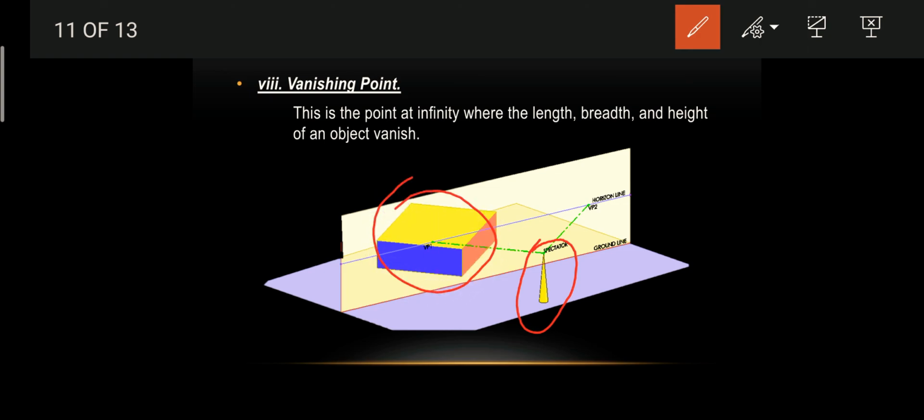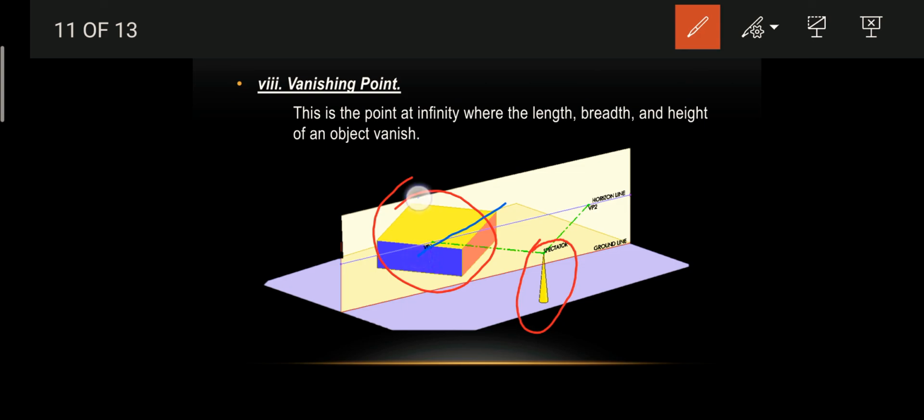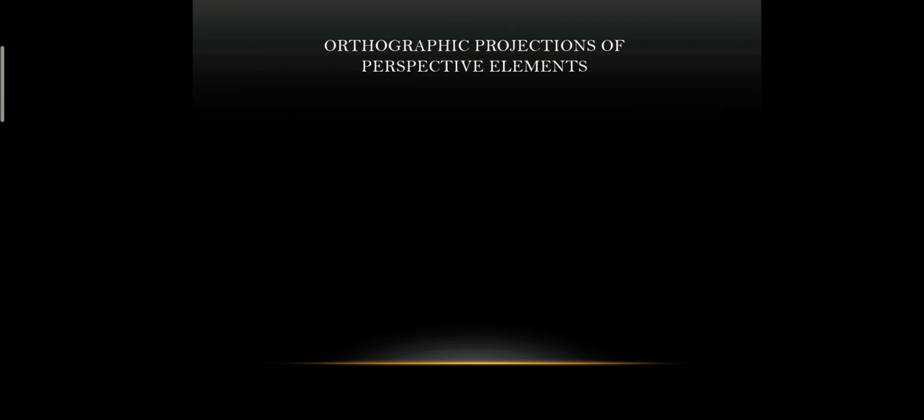All the dimensioning lines like these will meet here and these lines will meet there, and where all the lines meet, those points are called vanishing points. Like in one point perspective all the lines meet at one point, in two point all the lines meet at two different points, and in three point perspective all the lines meet at three different points. This is called the vanishing points.